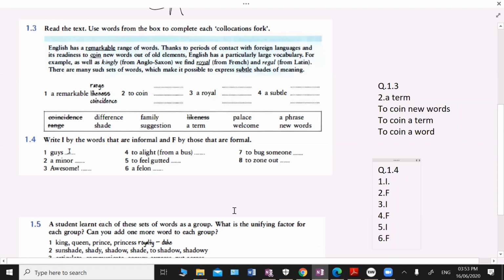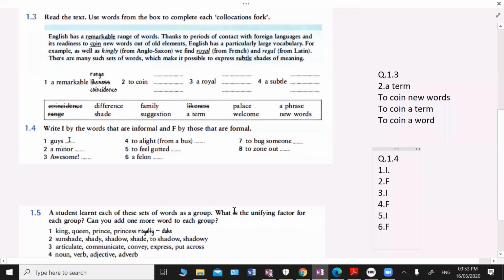How can we know the word is formal or informal? Okay, so Anis is asking. Anis, if you are not sure, you can consult a dictionary. The dictionary tells you whether the word is formal or informal.